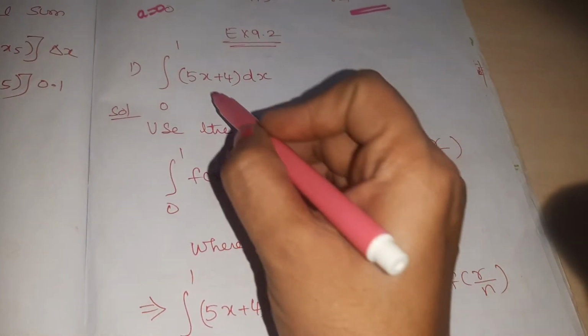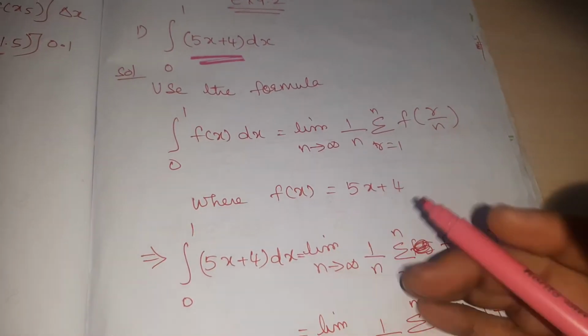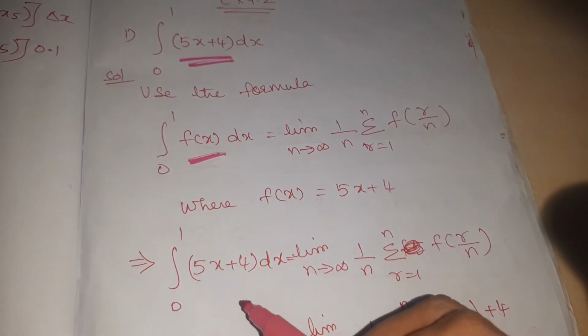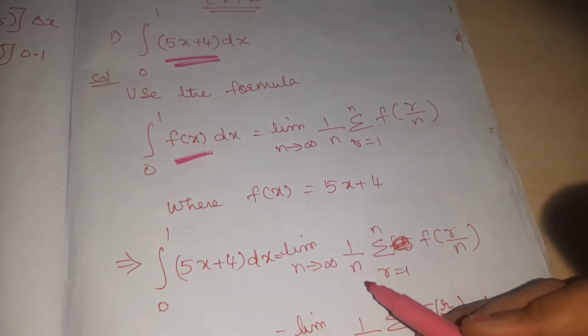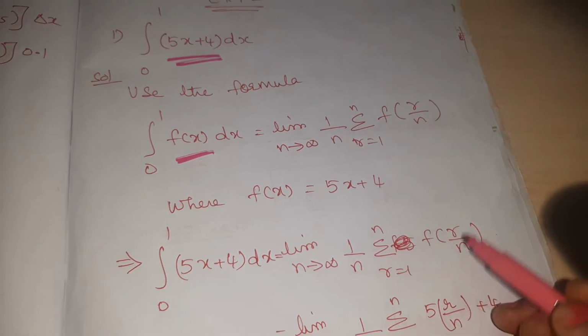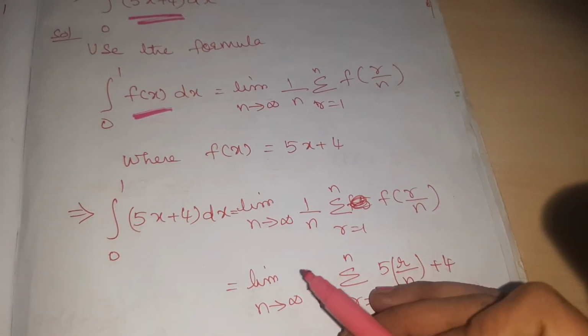Here f of x is given as 5x plus 4. So I am going to substitute f of x as 5x plus 4. So limit n tending to infinity 1 by n summation r is equal to 1 to n f of r by n. I have written the formula.